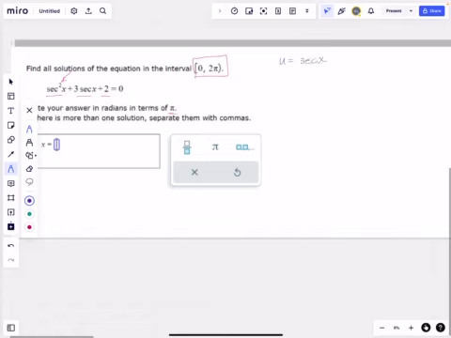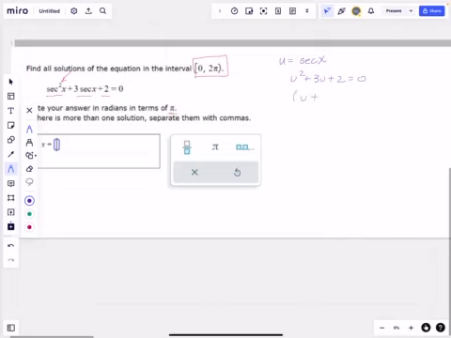If we let u equal the secant of x, then we can treat this like the quadratic u squared plus 3u plus 2 is equal to 0. All right, I can go ahead and solve for u.